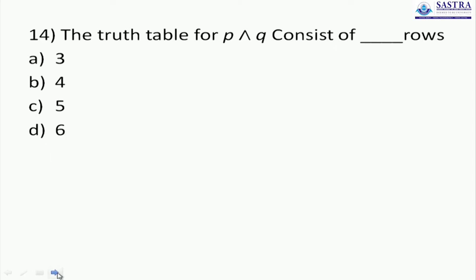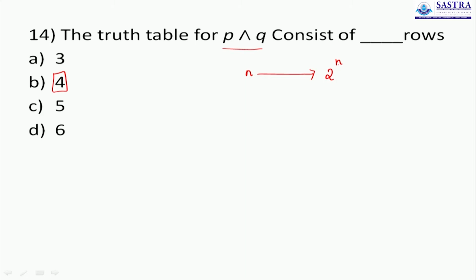Next up we will discuss the idea of a truth table. Now when P and Q are combined using the conjunction and you try and draw the truth table, how many rows will this truth table have? Now we have solved a lot of problems based on the truth table of a compound statement, and it is obvious that the answer is 4, because I told you before, when the number of statements used to define a compound statement is n, then the corresponding truth table will have 2 power n rows.